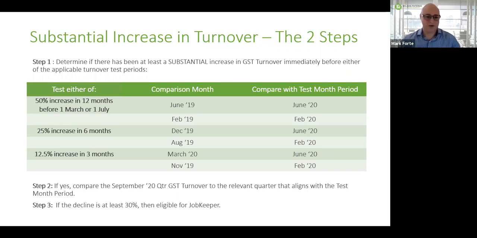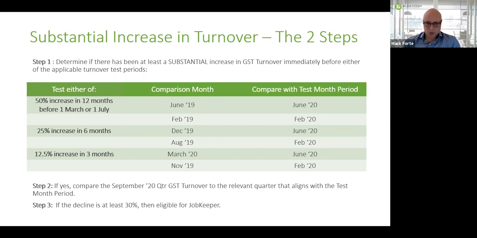So step number 1 is that we must determine if there has been at least a substantial increase in GST turnover immediately before either of the applicable turnover test periods. The test period can be made up of three different percentages. There's either been a substantial increase over 12 months of 50%, over 6 months of 25%, or over 3 months of 12.5%.